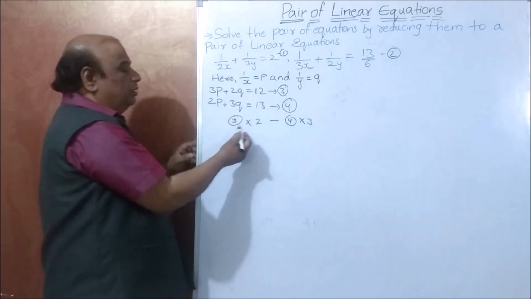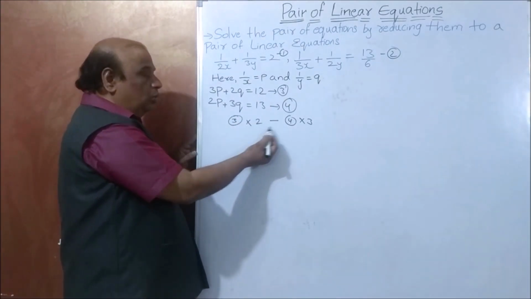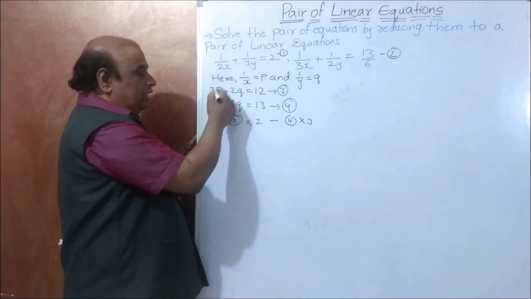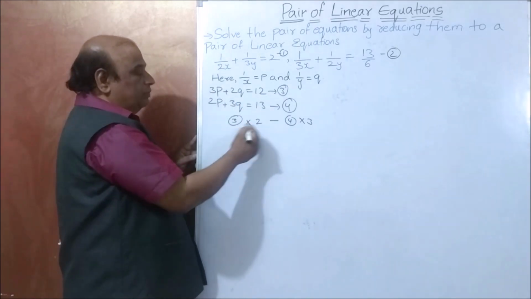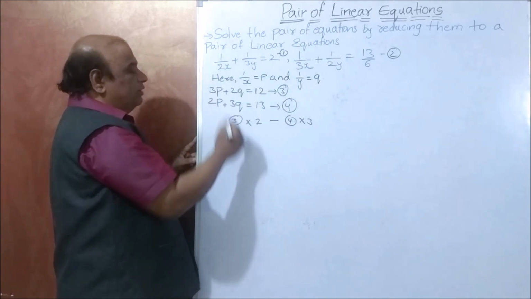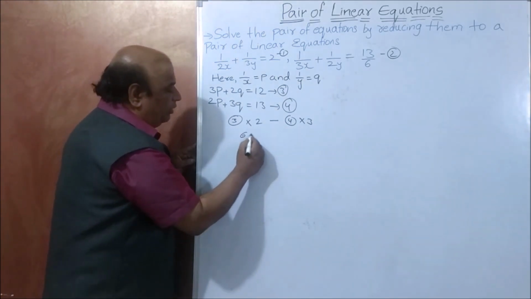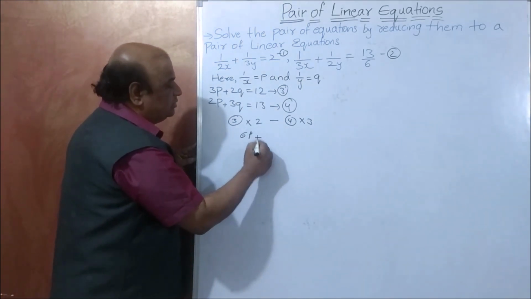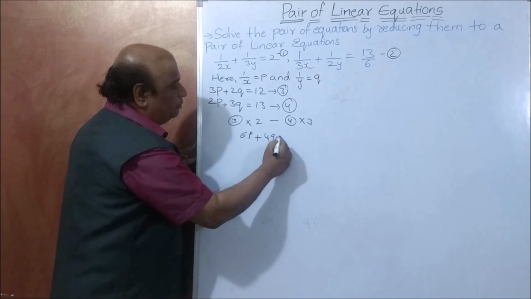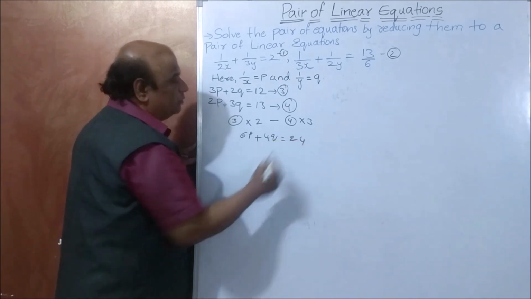Third equation, multiply by 2, and subtract, since the signs are the same. You observe here, if you multiply with 2, that is 6p plus 4q is equal to 24.